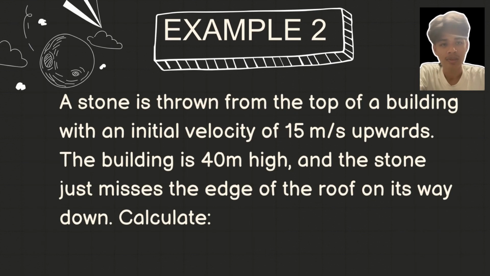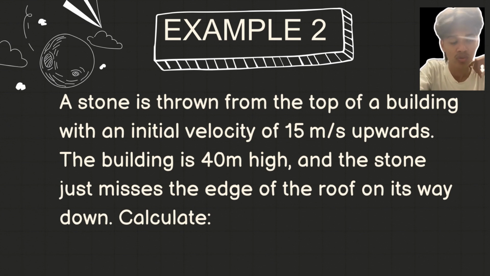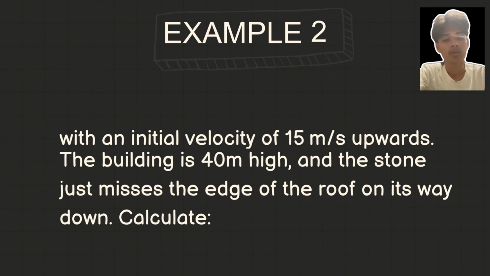Example 2. A stone is thrown from the top of the building with an initial velocity of 50 meters per second upwards. The building is 40 meters high and the stone just misses the edge of the roof on its way down.